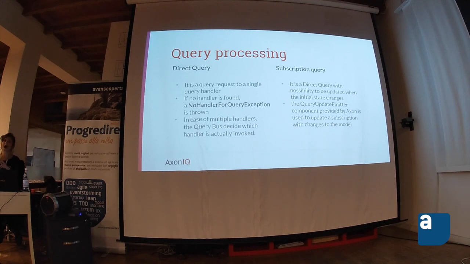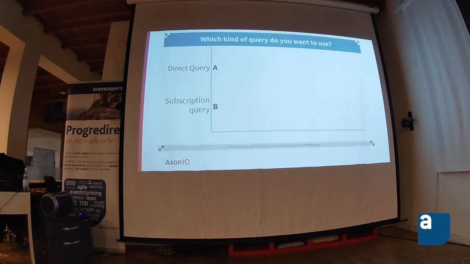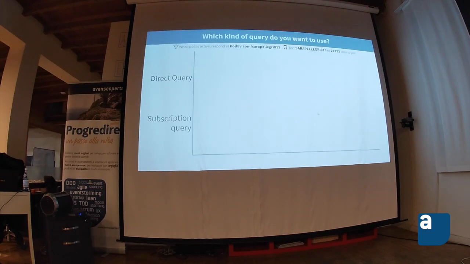So for example, we can do that for a chat message. We want to receive the current messages, and then we want to listen for the updates of the new messages that arrive in the same room. So what kind of query do we want to see now? The direct query or the subscription query?